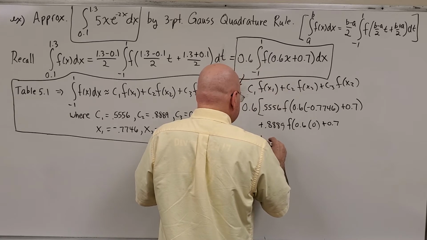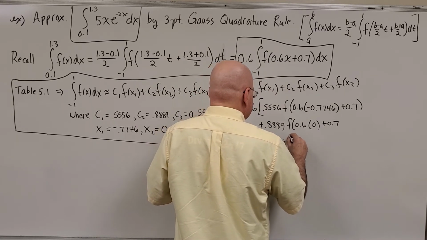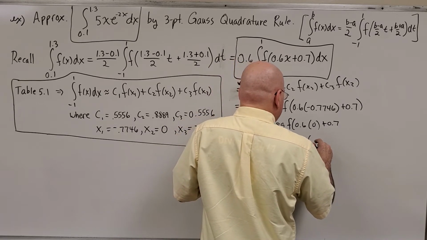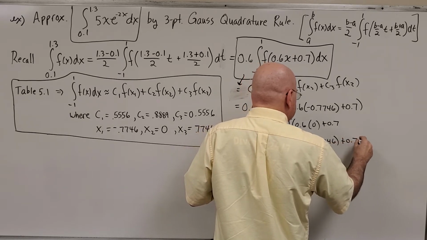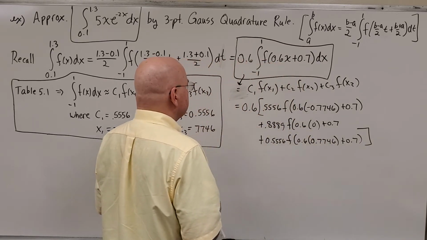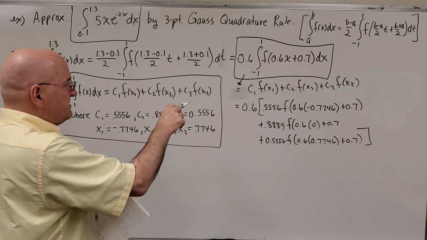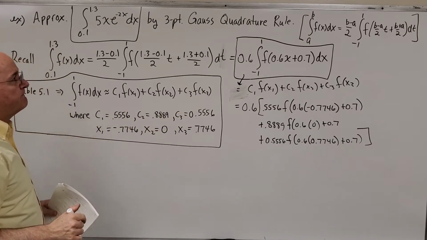And the third one is 0.5556 times f of 0.6 times 0.7746 plus 0.7. And then I would need the brackets there. So 6 of the numbers used in that came from this table, these 6 numbers right here.